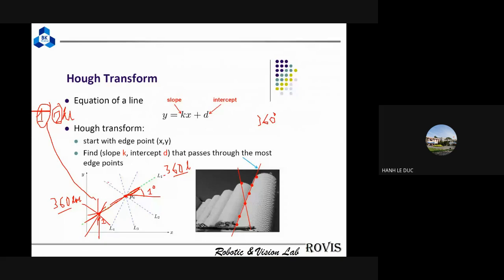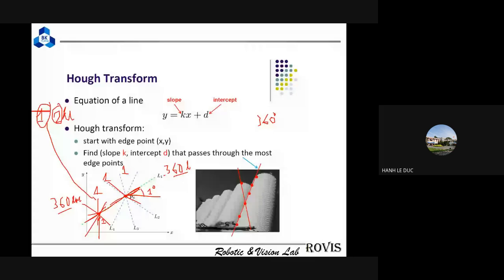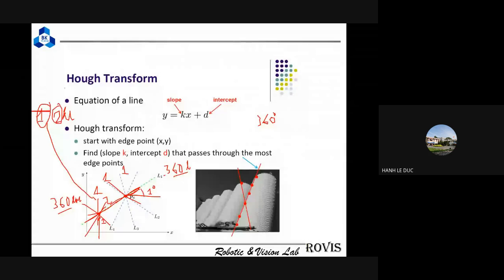All the remaining lines just have the number one, but here we have two lines. So we can see the principal working of the Hough transform. I explain the principal working first, and then we go to the detail.